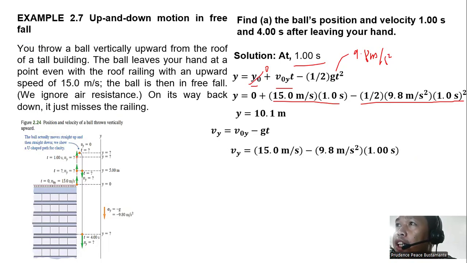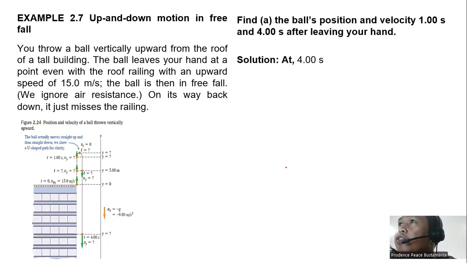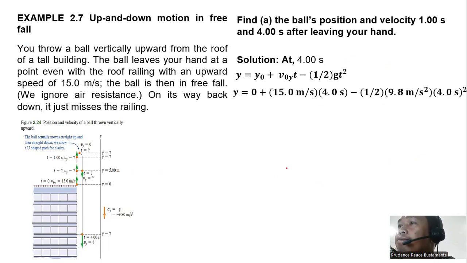Your velocity during that time is 5.2 meters per second. It's still going up, meaning it's still positive. You can see that in the figure. But after 4 seconds, your position is below the origin, so it should be negative. That's why it's negative 18.4.